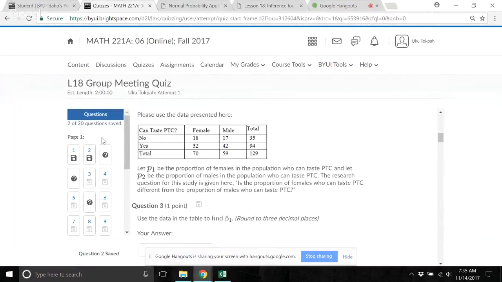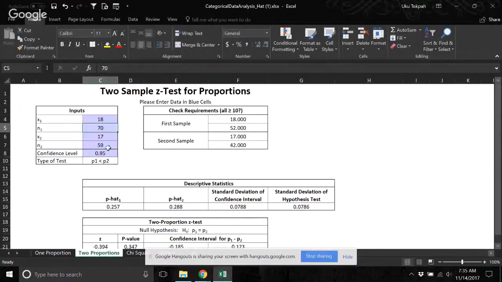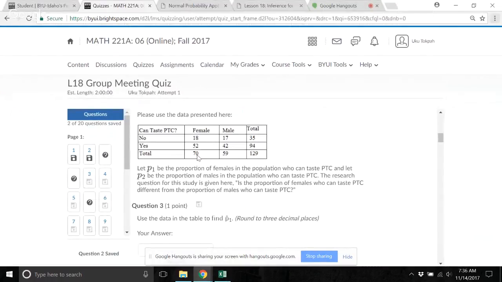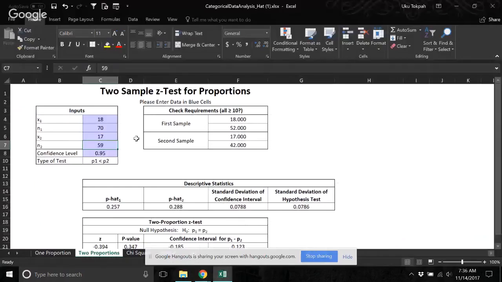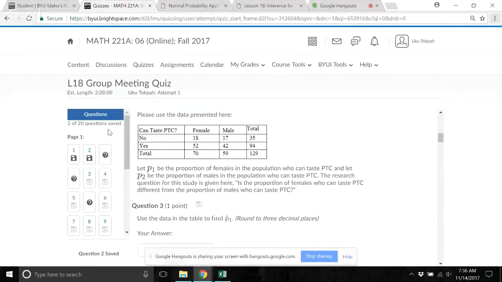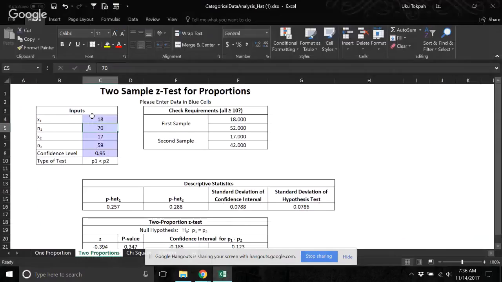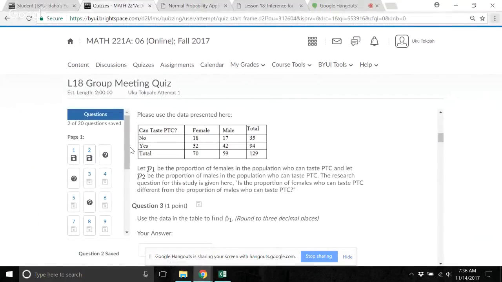So I got that correct. And then my N1 will be 70 and my N2 is 59, right? It should be X1 is 52 and X2 is 42. Oh. Then did I get this right? Sorry, I think I'm giving you more headache than I'm helping. So X1 is 18, N1 is 52.